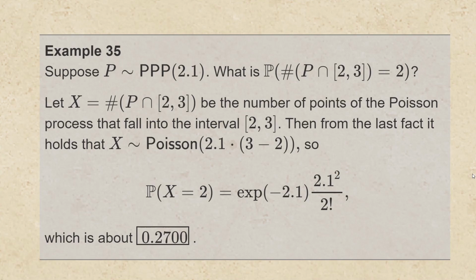So the probability that X equals 2 will, from our formula for the distribution of the Poisson, be exponential of -2.1 times 2.1 squared divided by 2 factorial, which is about 0.2700.